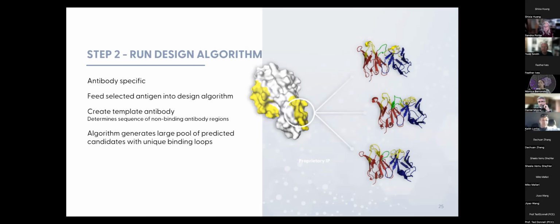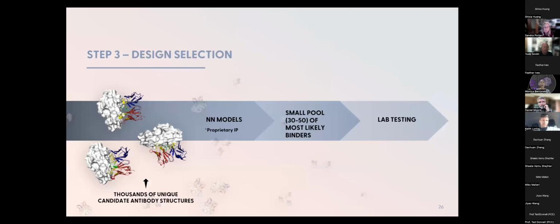The way we do it, and I think what makes this really unique, is that we use neural networks for this. Again, you can represent that area of interaction with a neural network, with those graphs that look at those interactions, and then you can continually teach that neural network what works and what doesn't work. This allows you to pick antibodies that are more likely to bind.